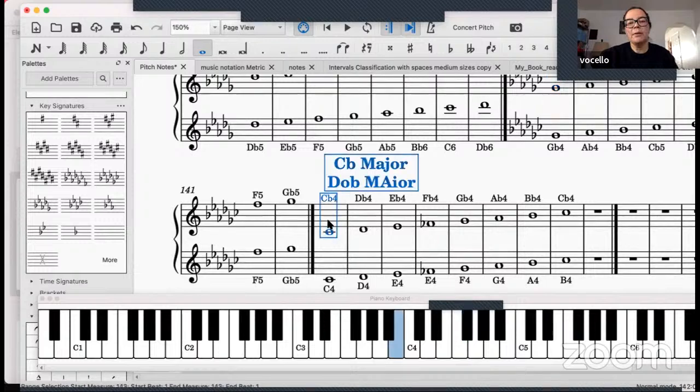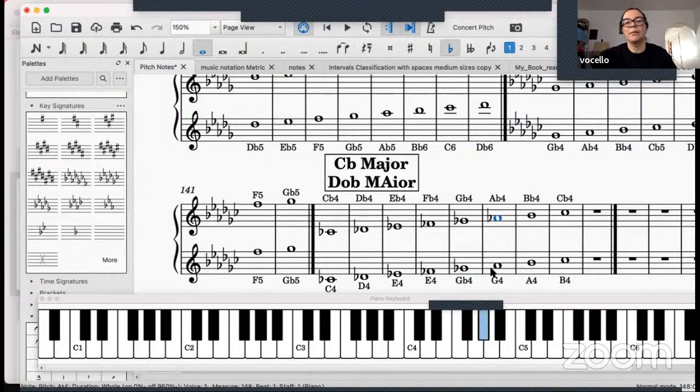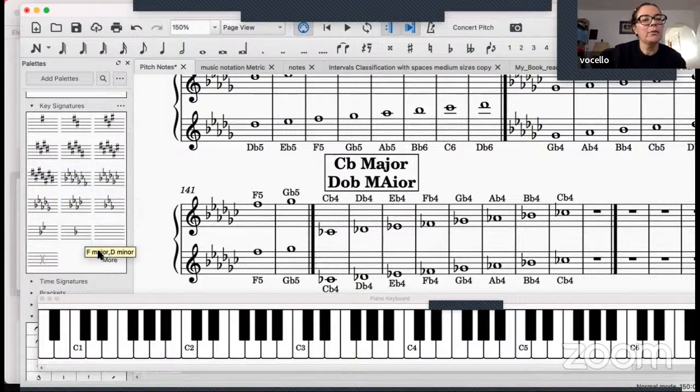Now C flat major, everything is flat. And the key signature of the C flat major, similar to Dó, Fá.